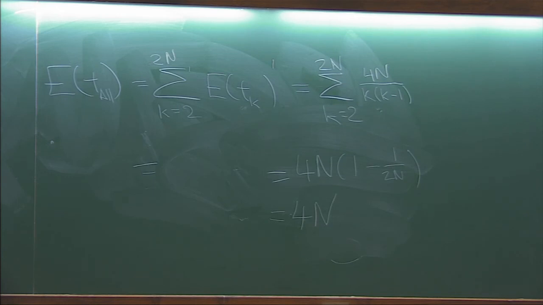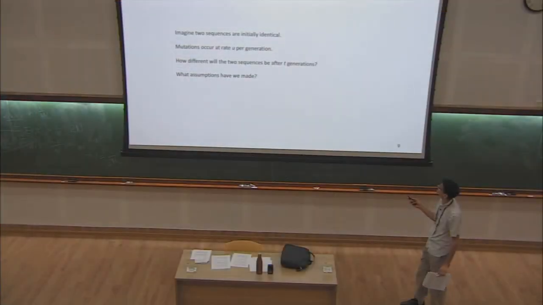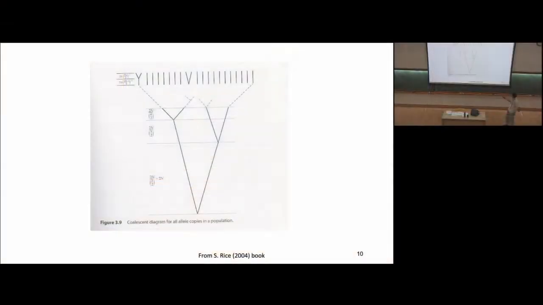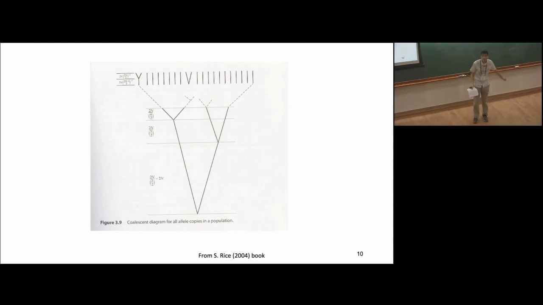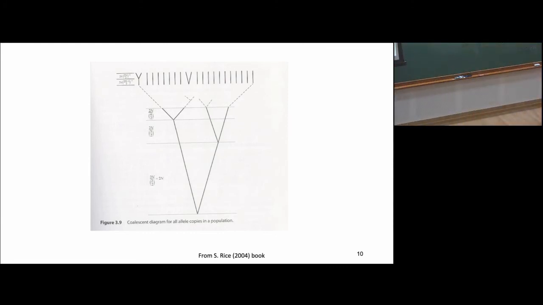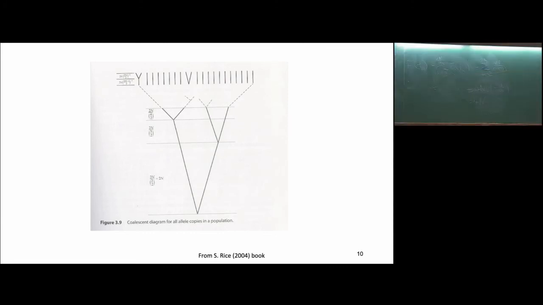So I want to make 2 points about that. So the first point is that's the expected time for all the alleles to coalesce. Remember, the expected time for just a randomly chosen 2 to coalesce was 2n.